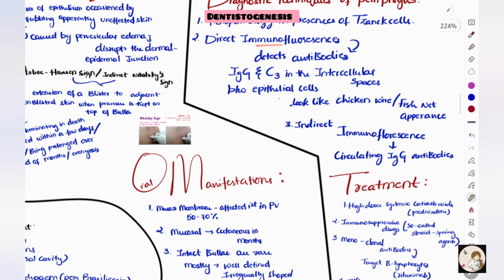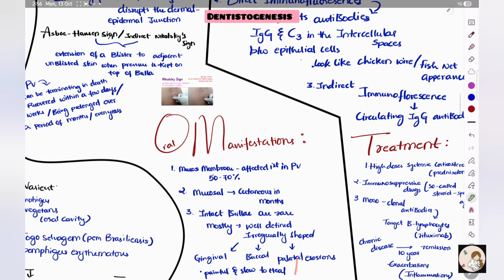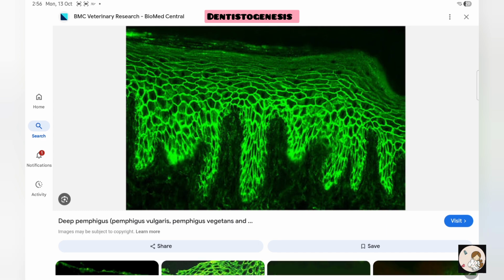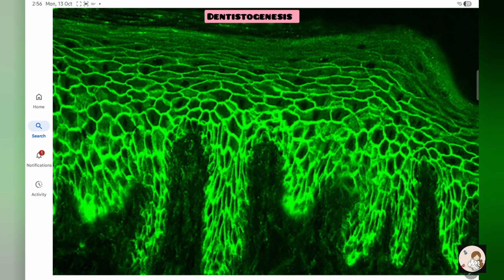In the immunofluorescent test we'll be looking for antibody IgG and C3 in the intracellular spaces between the cells. Between epithelial cells, it looks like a chicken wire and fishnet appearance. If I show you, now this is a fishnet appearance.